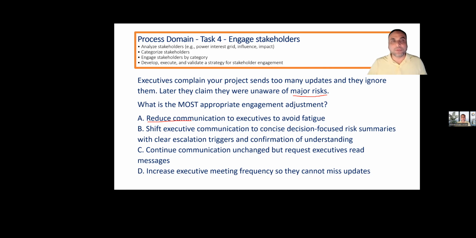Shift executive communication to concise, decision-focused risk summaries with clear escalation triggers and confirmation of understanding. Better. Continue communication unchanged. We cannot ignore anything. Increase executive meeting frequency so they cannot miss updates. They don't have time to read your updates, and you are inviting them for more updates. So yes, C and D are out of the league, and the better answer is B. Very good, very nice, perfect.